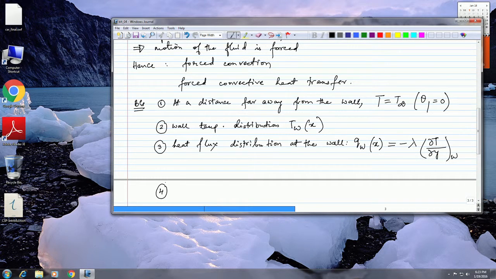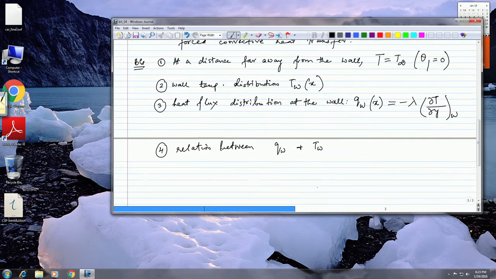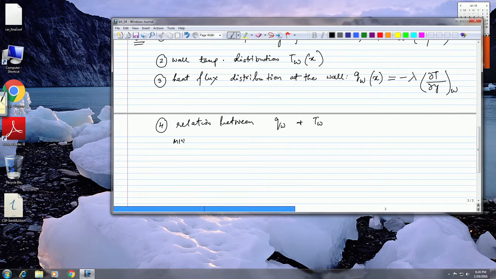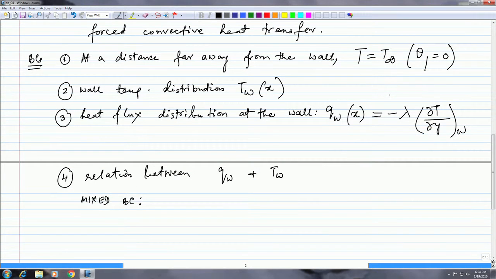Which is basically there is a relationship between QW and tau W. Okay, so there is a relation between them, and this is actually called a mixed boundary condition. So basically we'll have to calculate both simultaneously, right?